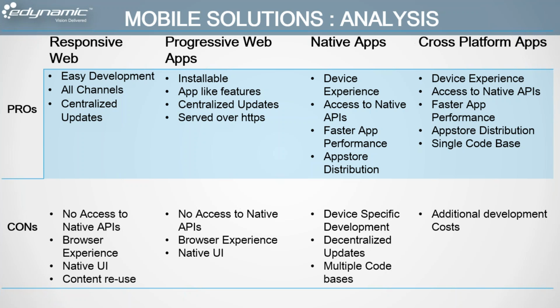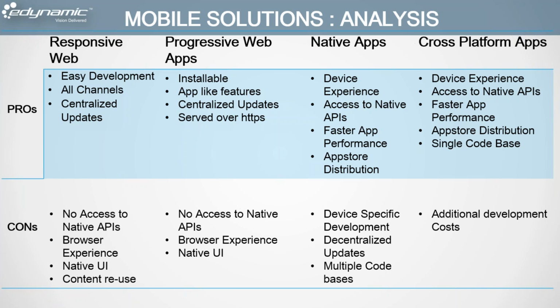And some of the cons or drawbacks for PWAs would be, they do not have access to native APIs. So if you are looking for, say, fingerprint scanners on your progressive web apps, that would not be feasible. Browser experience and native UI are two other drawbacks.